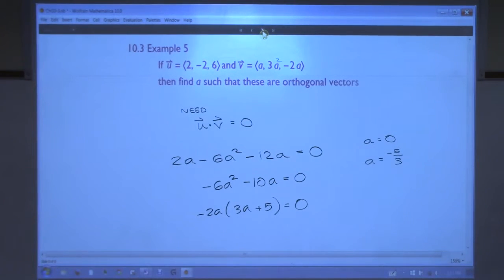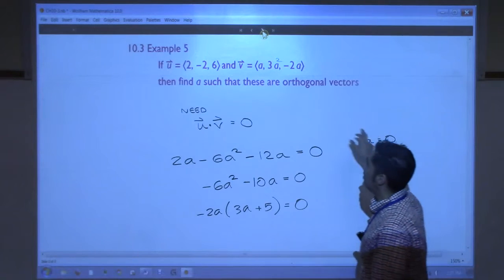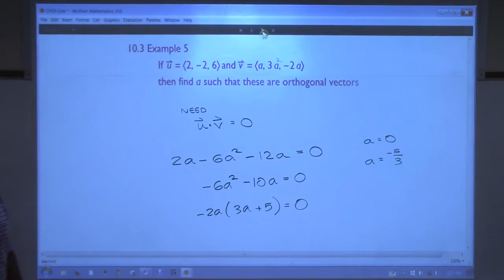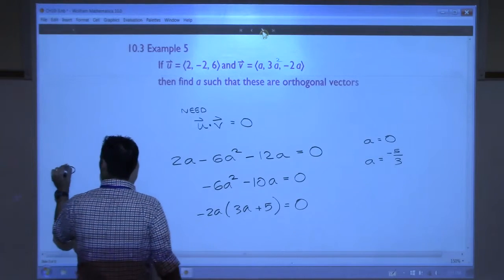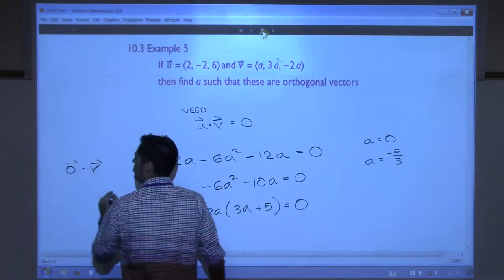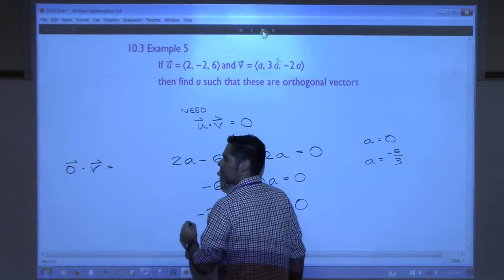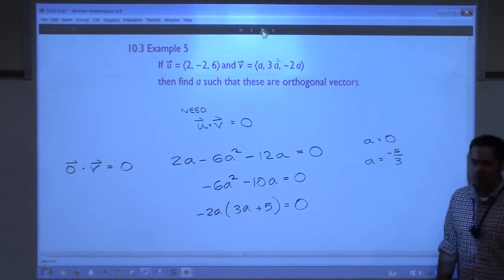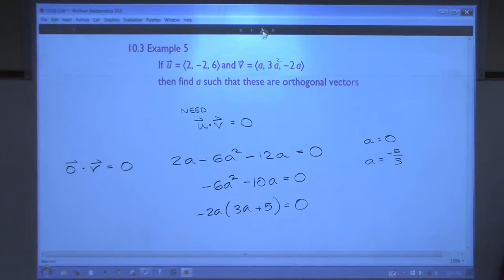All right, so let's look at A is 0 first. If A is 0, then V is a 0 vector. And if you dot the 0 vector with anything, you're going to get 0. That's weird. Think about that. The 0 vector dotted with any vector should be what? 0. That means that the 0 vector is orthogonal to every vector.